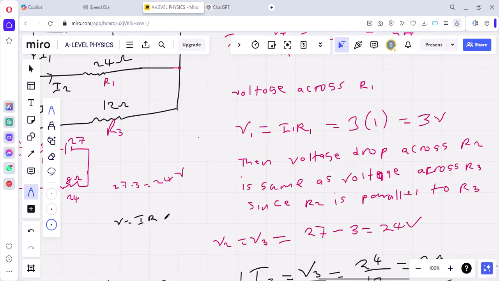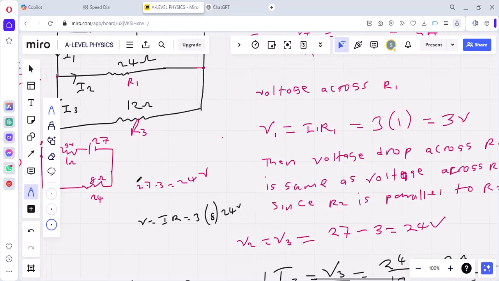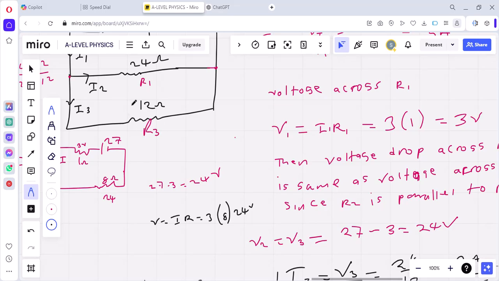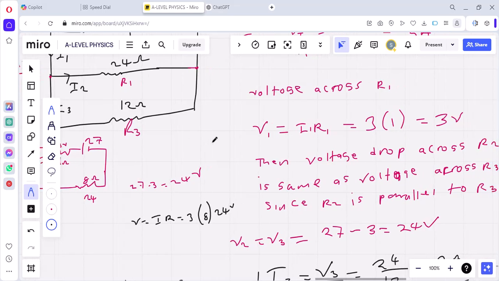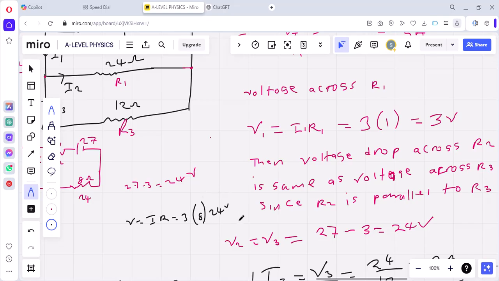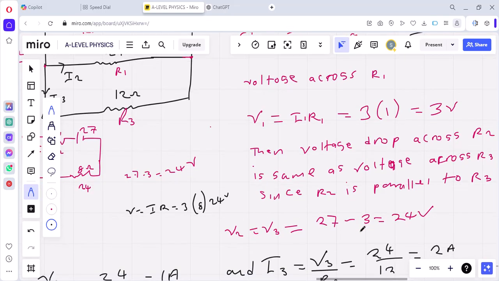The current will be 3, and that will be 3 times 8, so that will still give you 24 volts. So that is proof enough that the voltage across the two resistors that are connected in parallel is the same. So voltage 2 is equal to voltage 3, which is 24 volts.